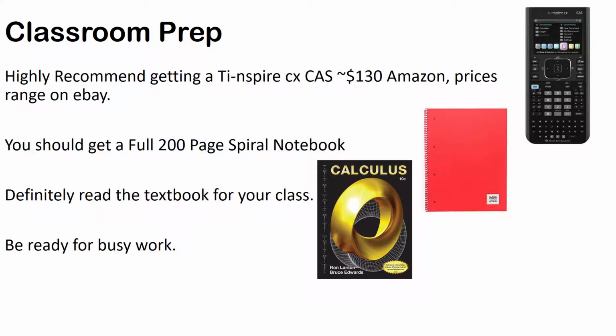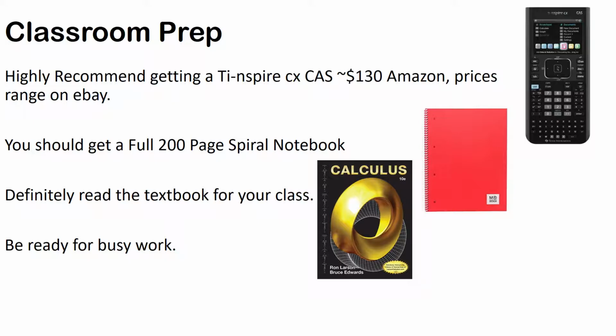Next, I believe you should pick up a full 200-page spiral notebook. And this is for taking notes, doing problems, and anything else you may need that involves calculus, because if you take the class in high school, you spend 180 days in the classroom. And that is if you take AB and BC.